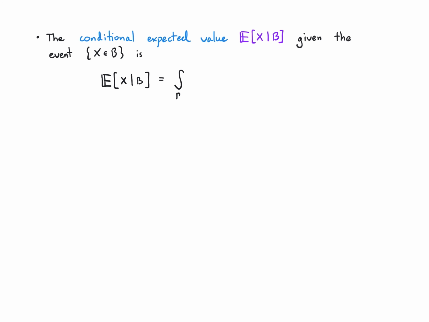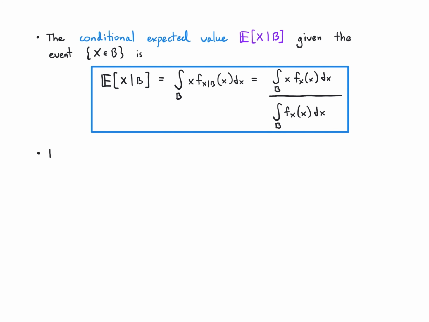So the conditional expected value of X given B, given the event that X falls into B, we define to be the integral over B of X weighted by the conditional PDF of X given B. And you can just see that that's the integral of X times the PDF over B, normalized by the probability that you fall into B. So you could use either of these formulas.